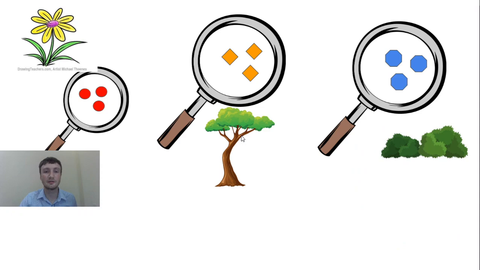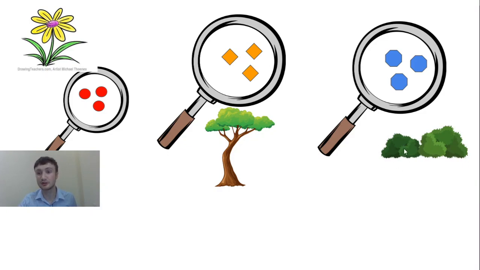So when we look at the pollen of different plants, you can see that this yellow flower above me has red pollen, and it's kind of a round shape. And then the tree here has diamond-shaped pollen. It's orange.